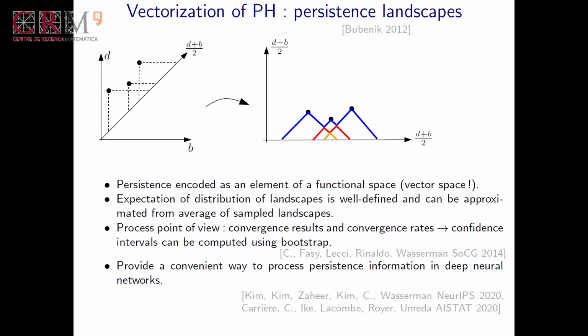You always separate the dimensions. For example, if you look at a function, you have the zero-dimensional persistent diagram, the one-dimensional, etc. And you do not compare a one-dimensional feature with a two-dimensional feature. So in general, you have one landscape for each dimension.